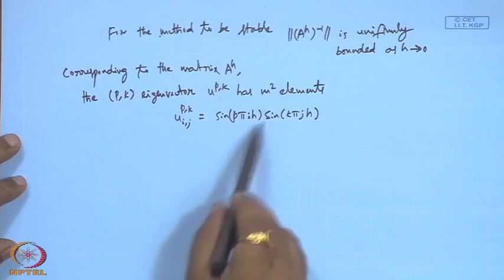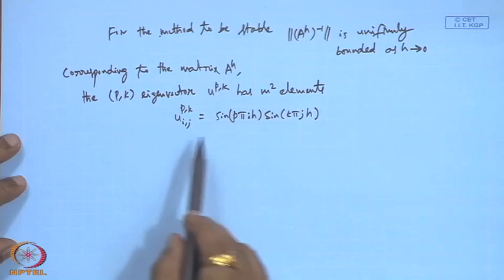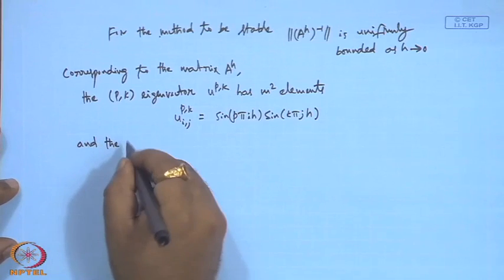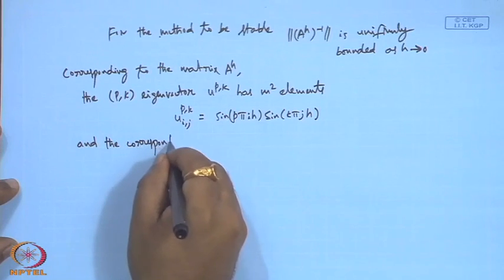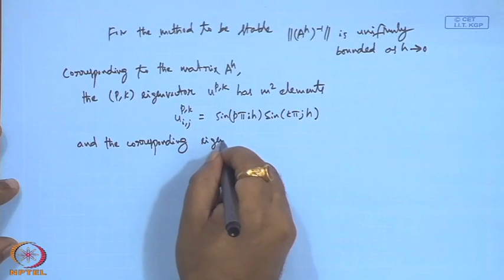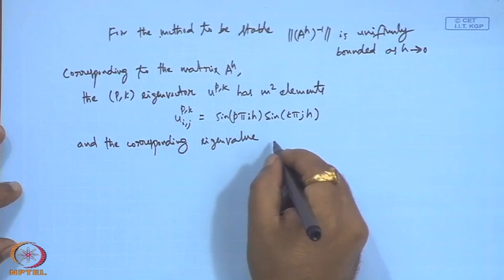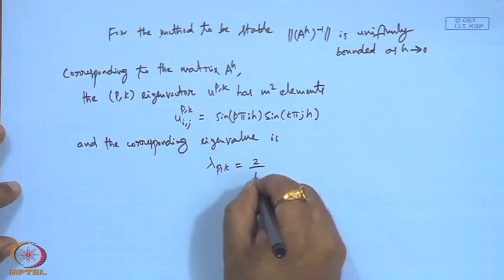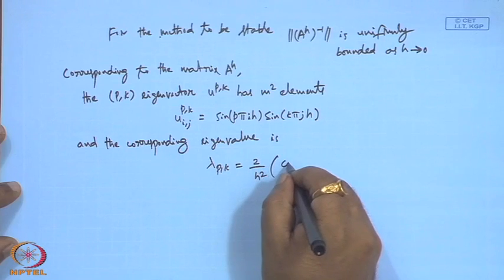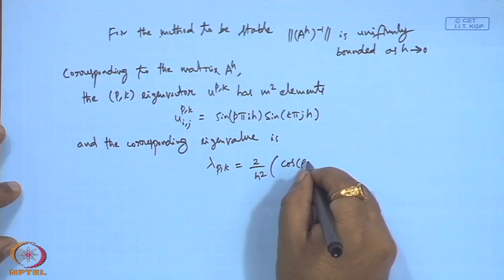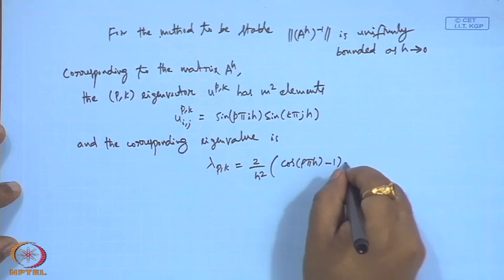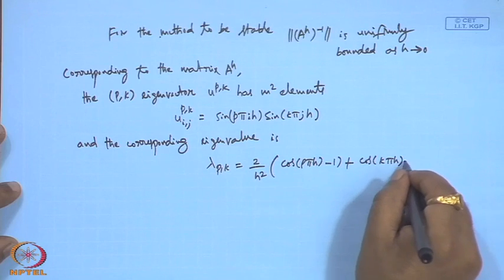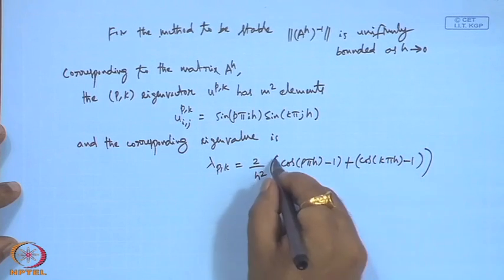So, corresponding to this matrix, the pk-th eigenvector has m squared elements, okay, and the corresponding eigenvalue is lambda_{pk}.